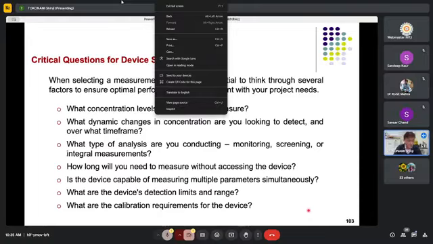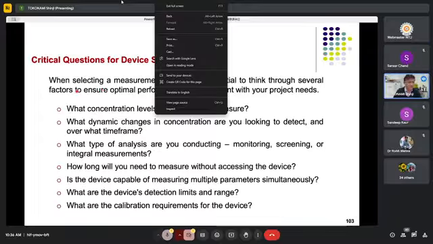Here are the critical questions for device selection. When selecting a measurement device, it is essential to think through several factors to ensure optimal performance and alignment with your project needs.